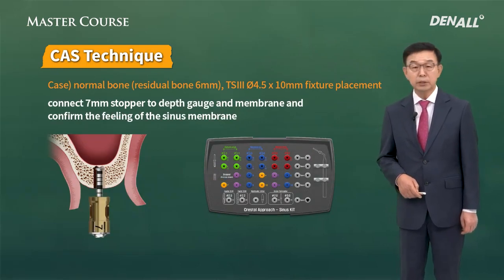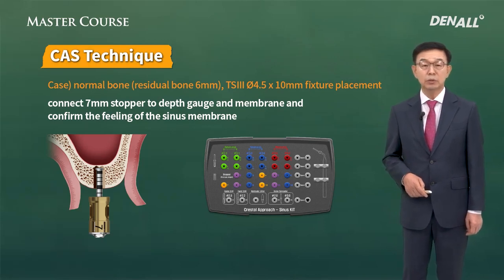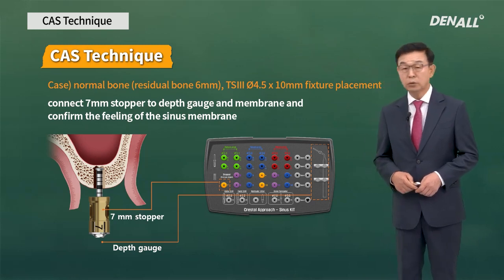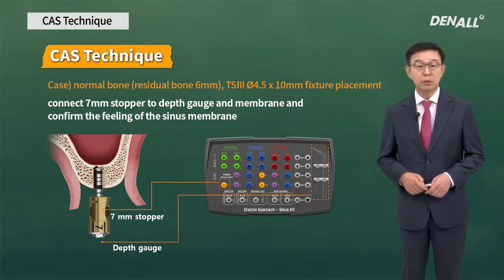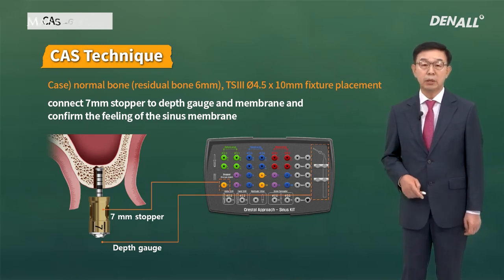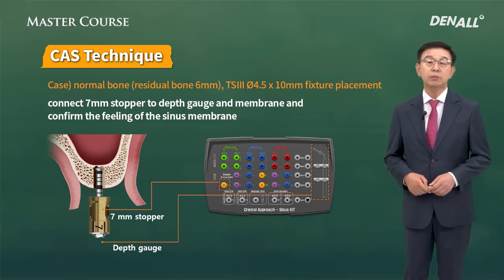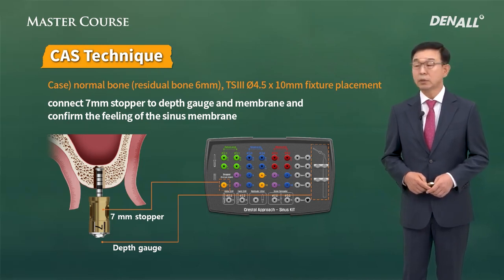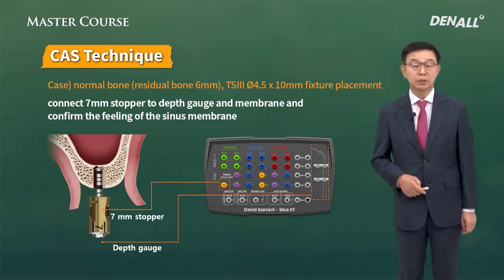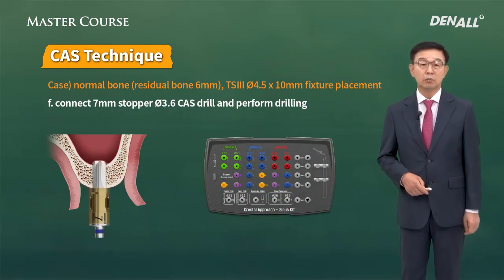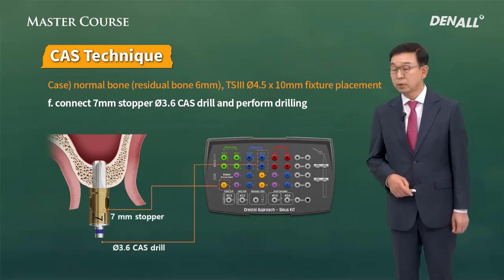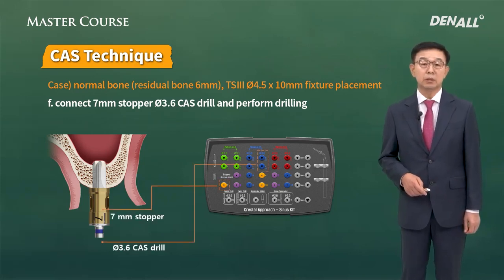When you do drilling, in order to check whether the sinus floor has been penetrated, if you're a beginner, you can use a 6 mm CAS drill. You should use a 7 mm stopper instead of 6 mm. 7 mm stopper is used in depth gauge and check the sinus floor. If the sinus floor is not penetrated, use a 7 mm stopper and drill slowly.